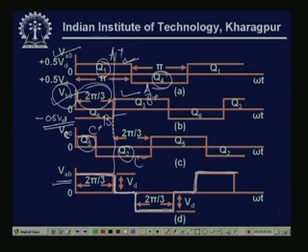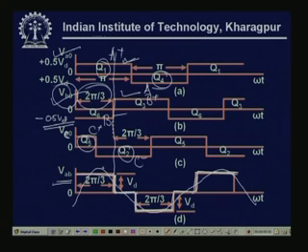Can you see first of all that it is alternating? If you do a Fourier analysis, you could say that the fundamental component of this wave will look something like this.